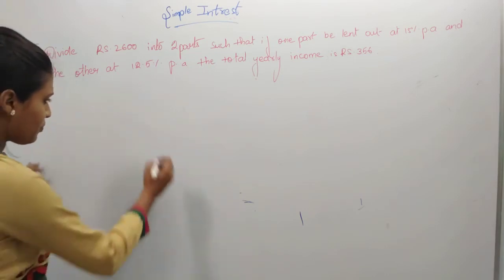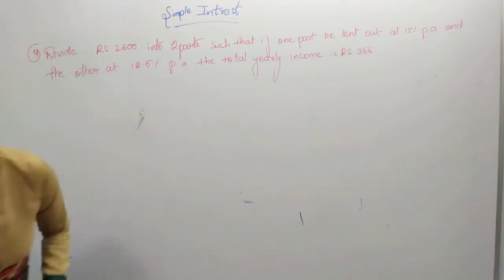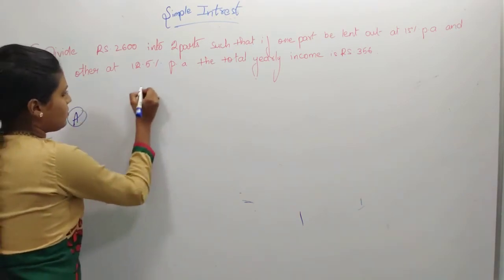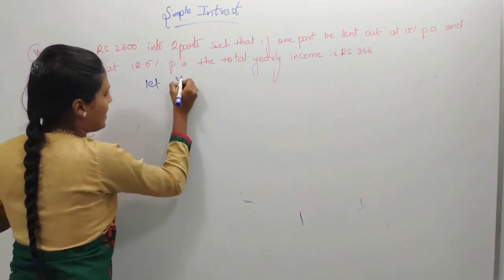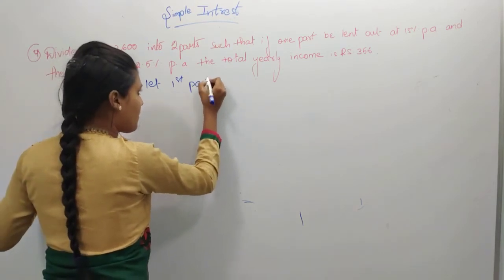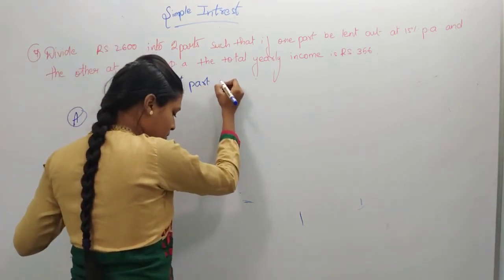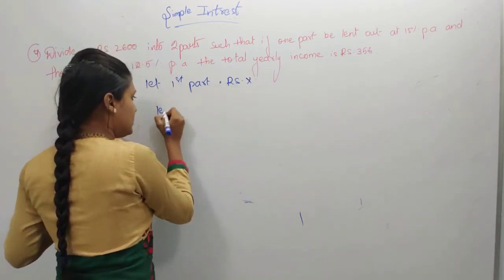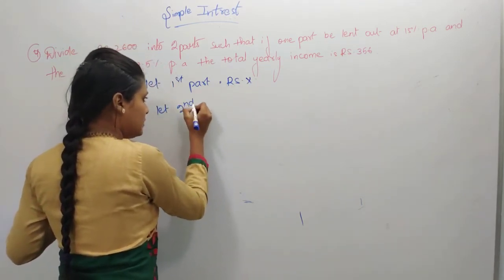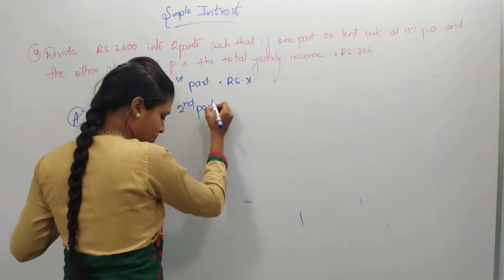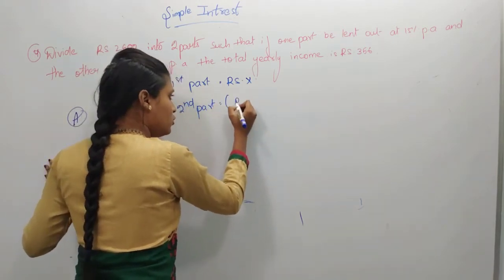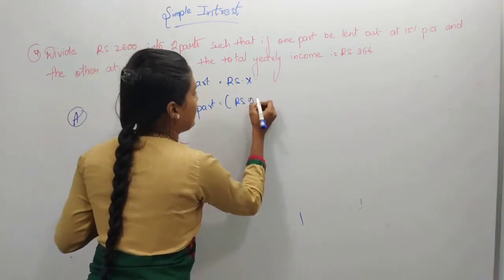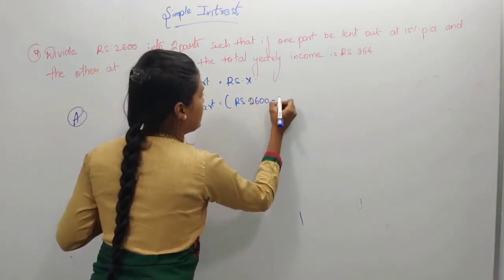What will we do? Let the first part be equal to rupees x, we think so, and let the second part be equal to rupees 2,600 minus x.